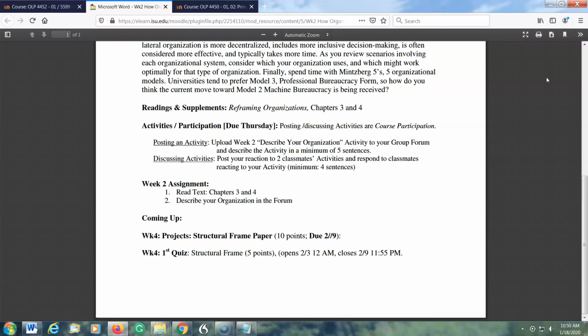Who are the parties or organizations involved? What's the background? What's the context for your organization and current activities? So, again, you're going to describe your organization in your group forum, and then post it to 2 class members.